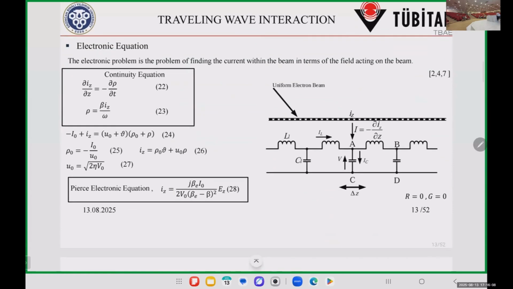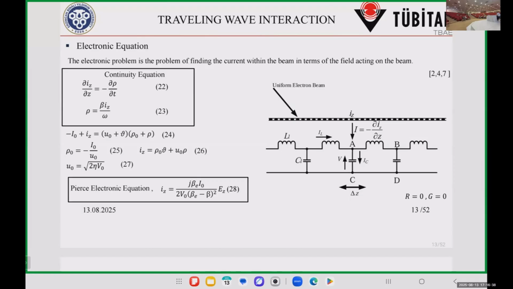If we think about the continuity equation, we can write diz divided by dz equals minus d rho divided by dt. If we use phasor notation of this, then we can write equation 23 here, and the total beam current.